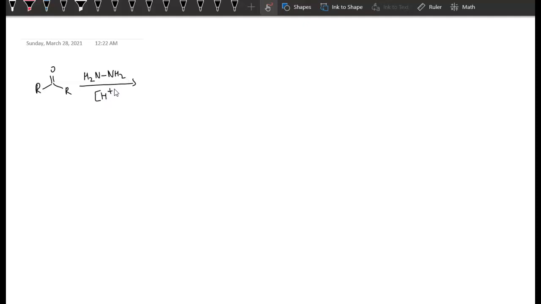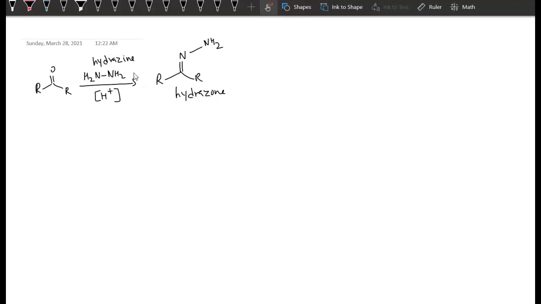Remember, whenever we need to put the acid, we can put it like this. What you end up with is R, a double bond to nitrogen, that's for sure, and then an NH2. This is hydrazine, and a reaction with this will result in what is called a hydrazone.